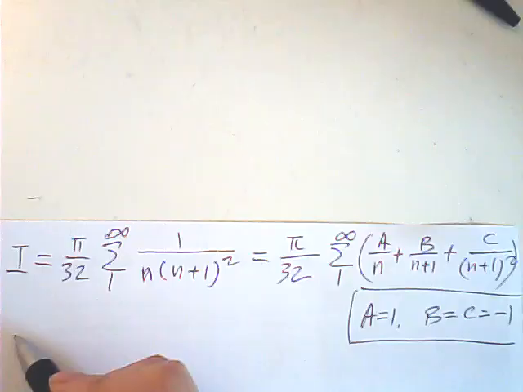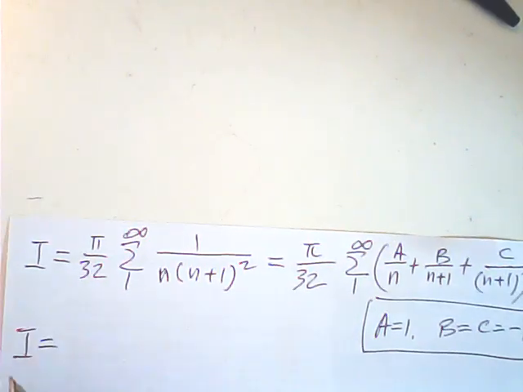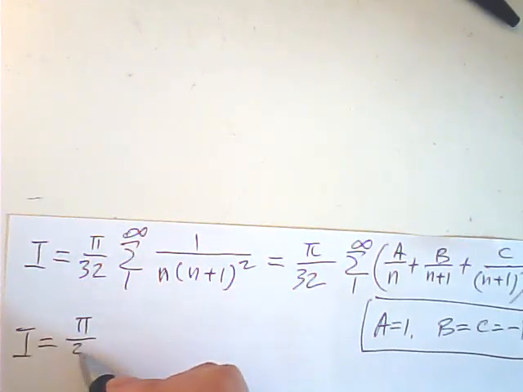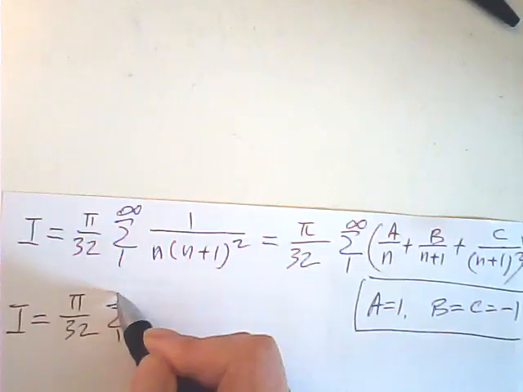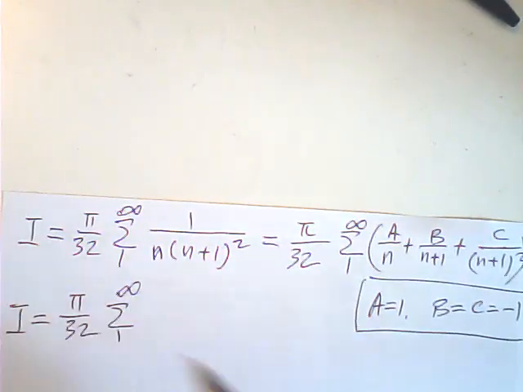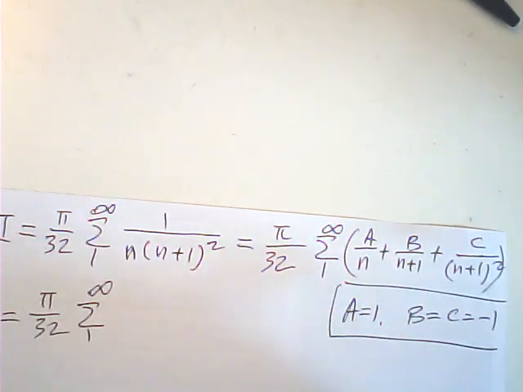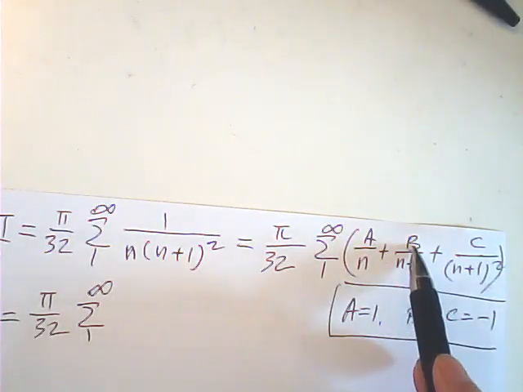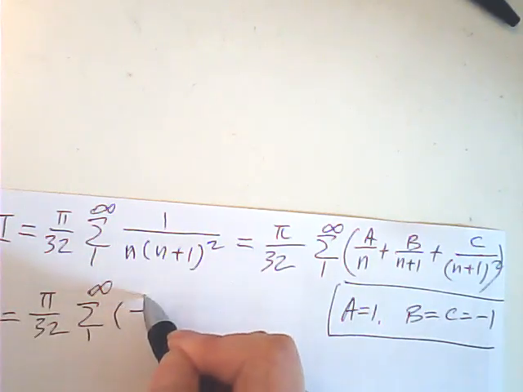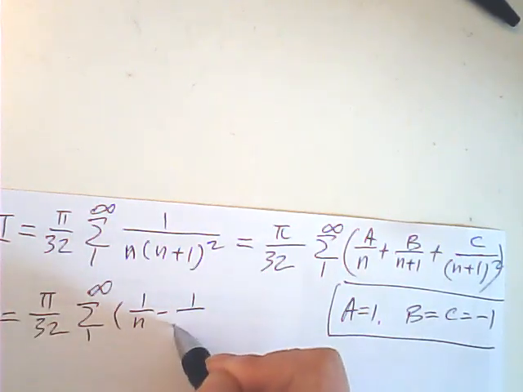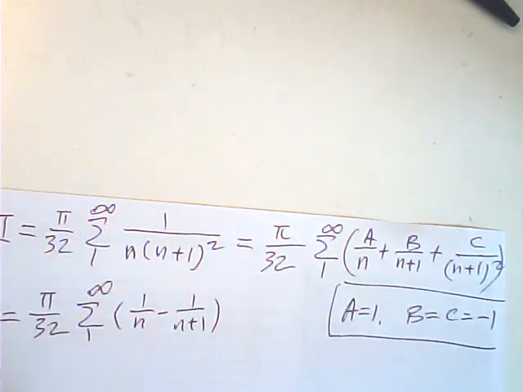So my I is equal to pi over 32 sigma, this is 1, this is negative 1, right? So this is equal to 1 over n minus 1 over n plus 1.